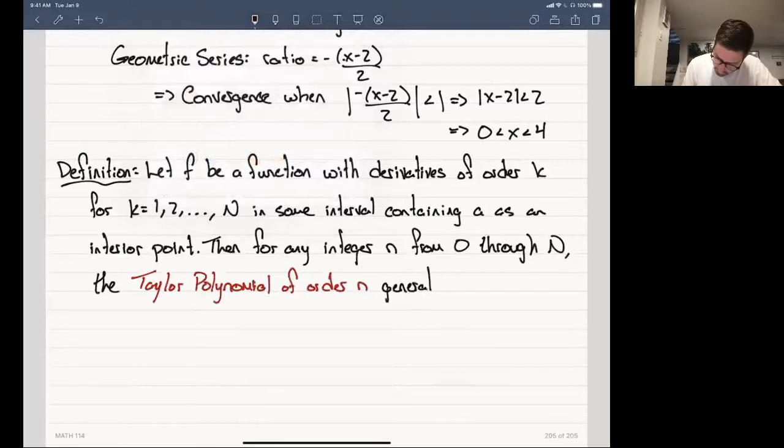So there's a lot of writing here before we can get to the actual math. At x equal to a is the polynomial.